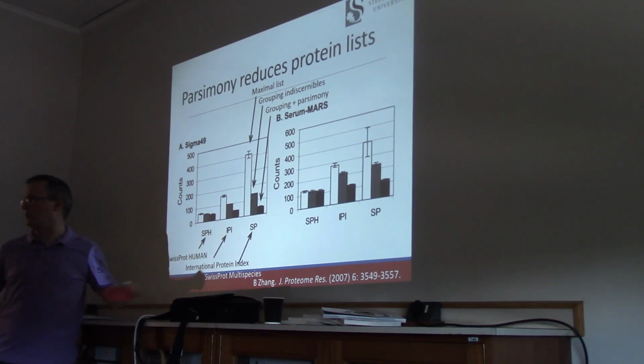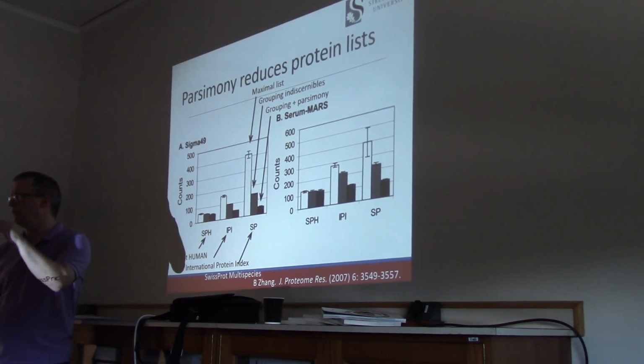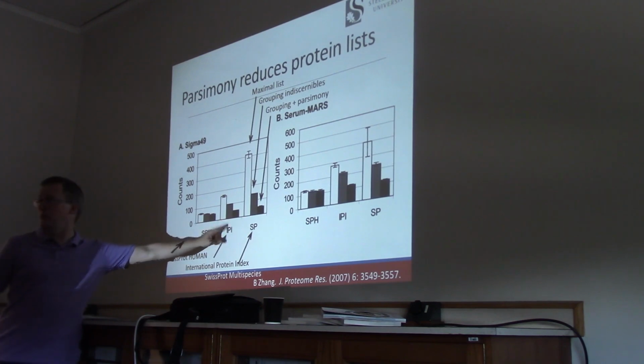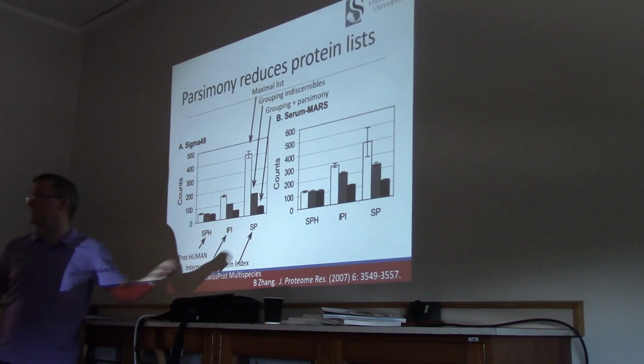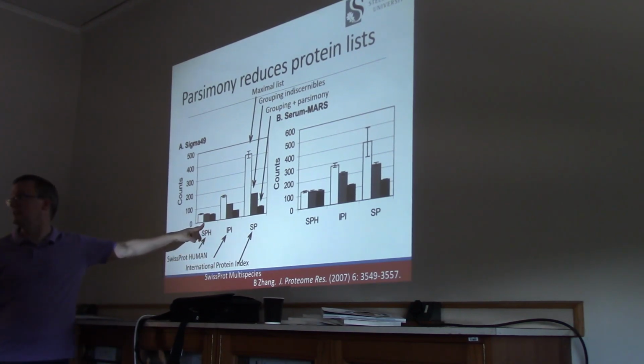IPI was a really old approach that was kind of a HUPO, EBI effort to say, what are the proteins we really trust for humans? It was pretty big. The Swiss-Prot database was much, much bigger because it contained lots of different species. And the Swiss-Prot human set was much smaller by comparison.